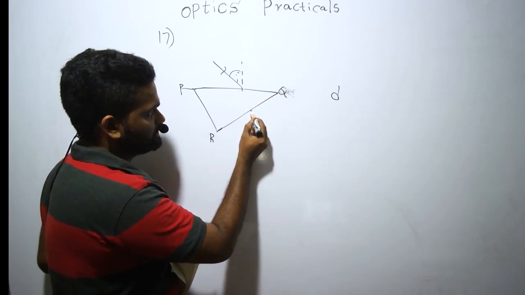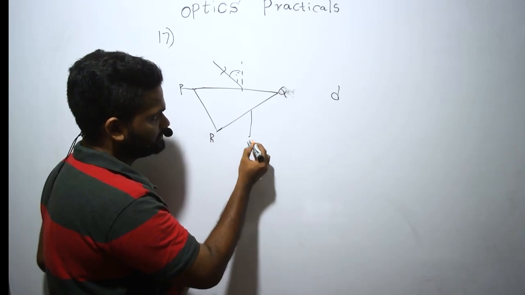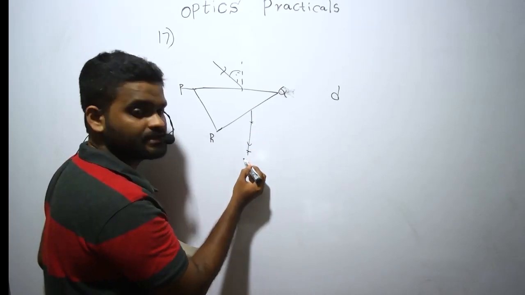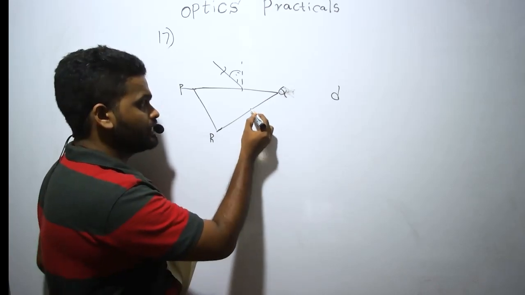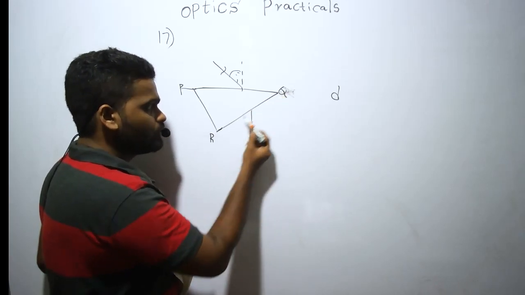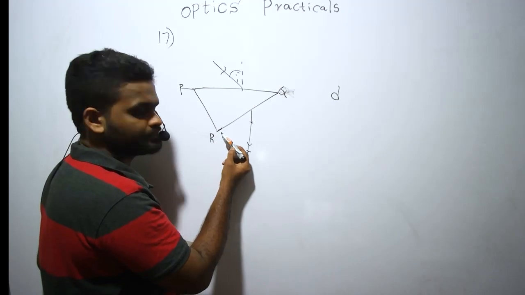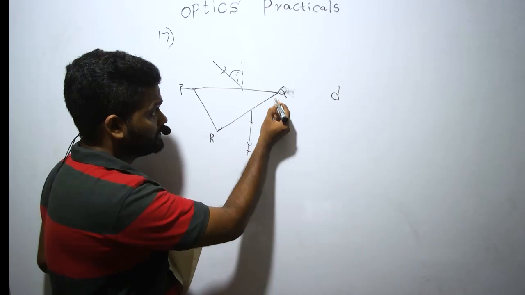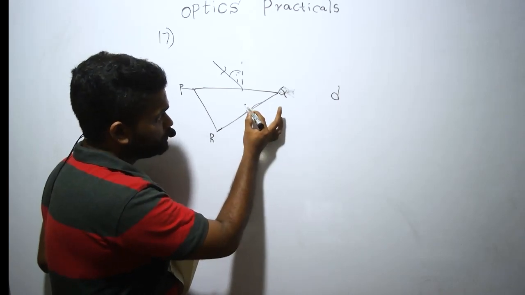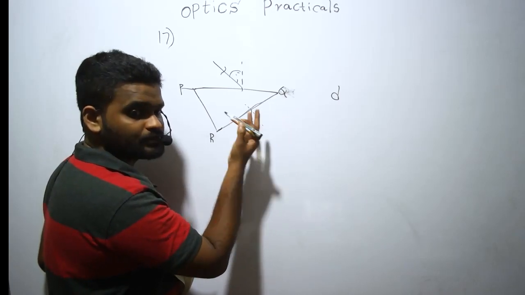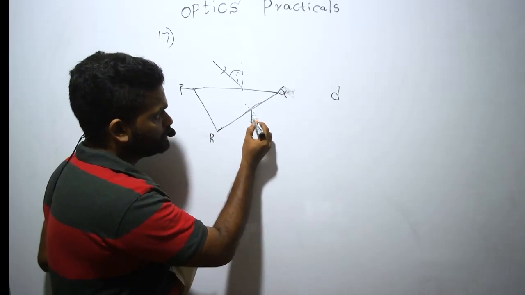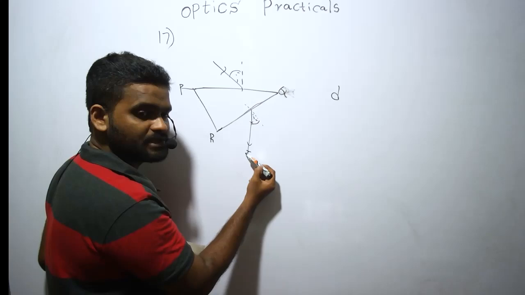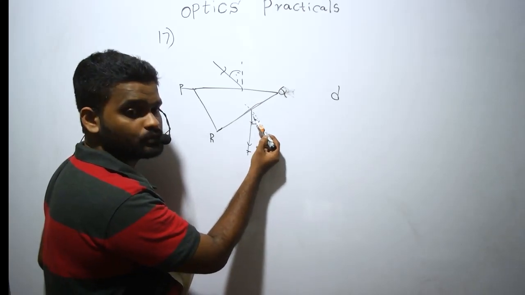So you know these two locations, then you can draw this line. If you have drawn QR as well, then draw a normal to here. Once you draw the normal, you can find this angle between the emergent ray and the normal, I2, right?